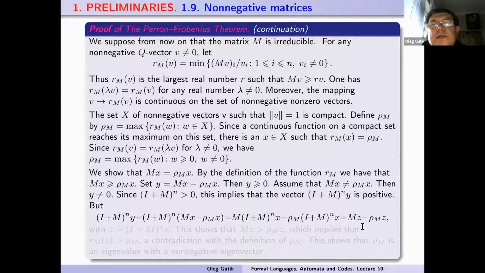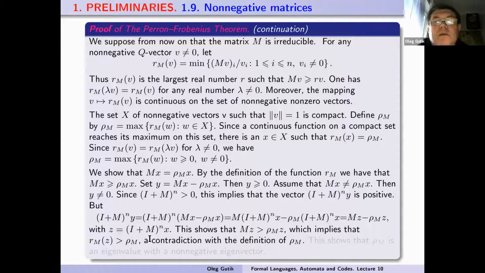And this is equal to Mz minus rho M z, where z is equal to the product (I plus M)^n x. This shows that Mz is greater than rho M z, which implies that rho M of z is greater than rho M. This contradicts the definition of rho M.